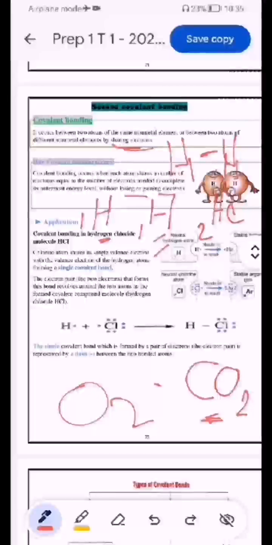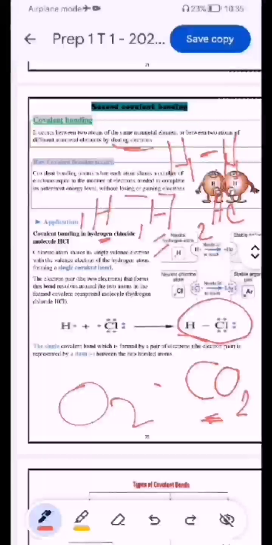The hydrogen and the chlorine will share their valence electron with each other. Hydrogen will share one, and chlorine will share the unpaired electron in the outermost level, and become HCl, hydrogen chloride. It's a covalent molecule, a covalent compound molecule, because it contains different atoms.